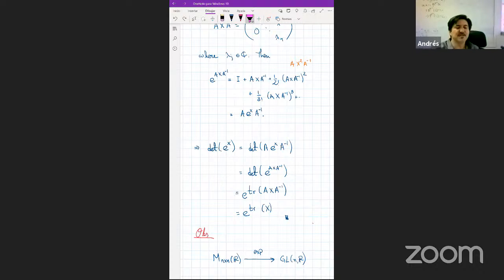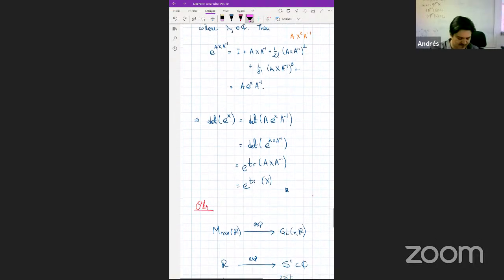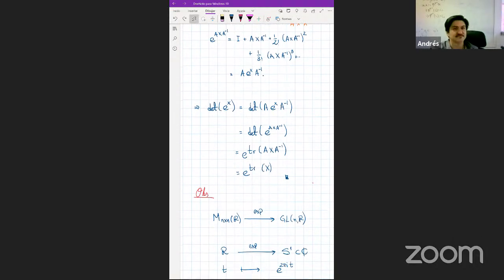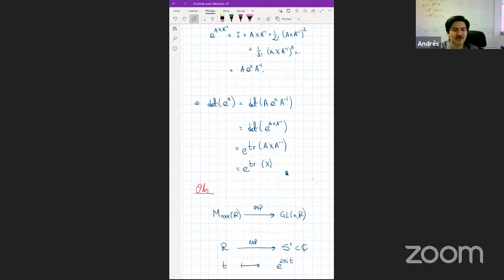And again, this is more or less a generalization of this aspect: how the real line winds around the circle using complex numbers. That's the exponential that you see in complex calculus. And this is more or less what we have here.